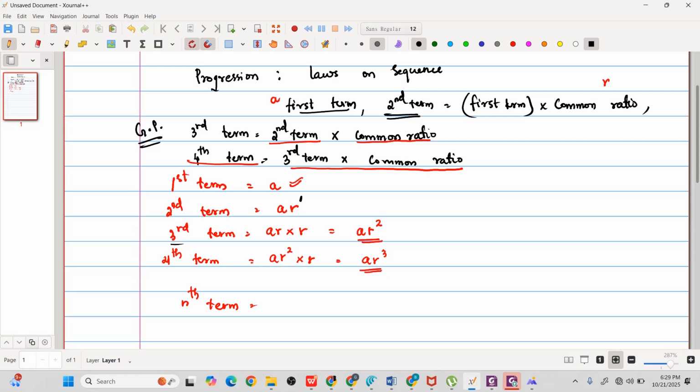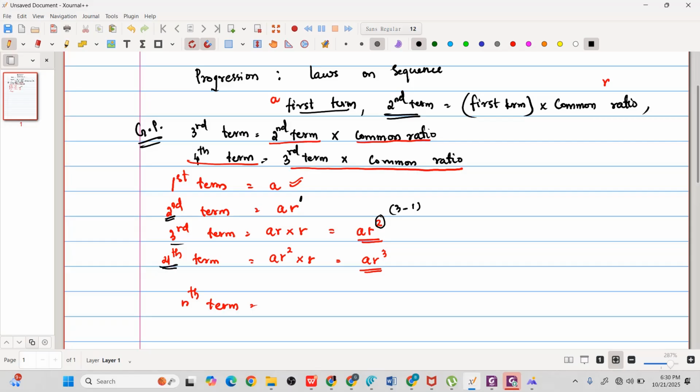The third term is AR square. Noting that for the second term the power of R is 1 less than 2, for the third term, which is AR square, the 2 compares with the third term as third minus 1.